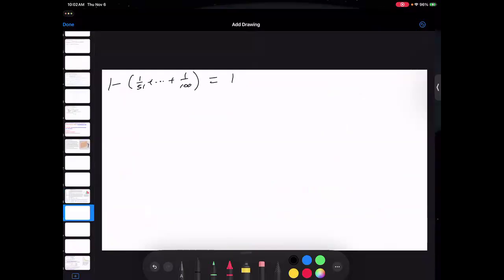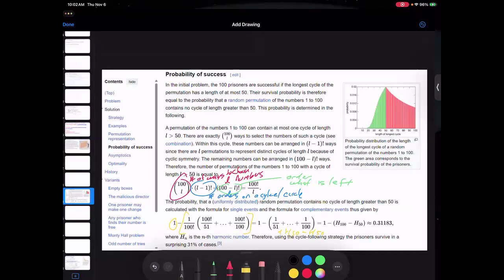I can write that as 1 plus a half plus ... plus 1 over 100 minus 1 plus a half plus ... plus 1 over 50. I added and subtracted the same thing. I needed those terms in the beginning. And so now what I have is 1 minus the 100th harmonic sum minus the 50th harmonic sum. And that's where the expression comes from.